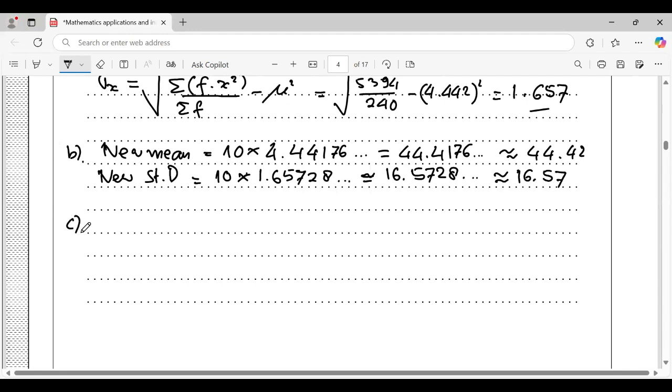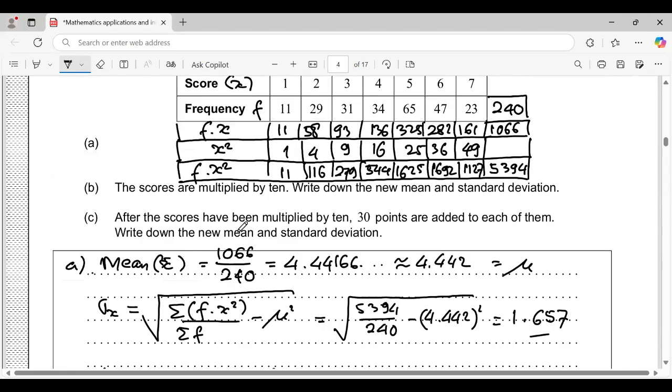And C. After the scores have been multiplied by 10, 30 points are added to each of them. Write down the new mean and standard deviation.